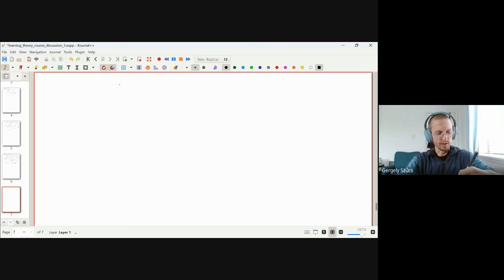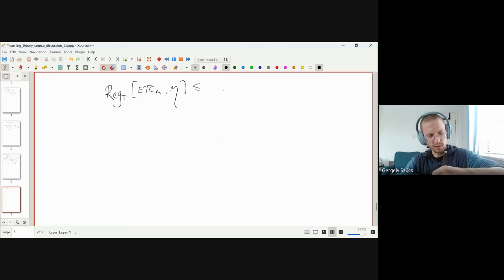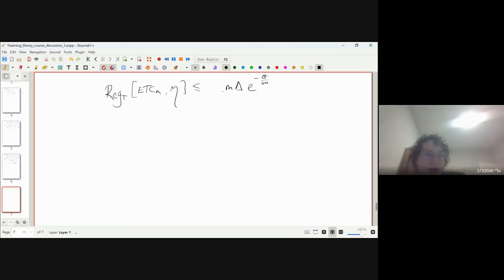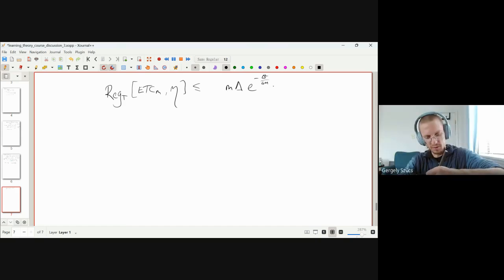I actually don't remember exactly, but we proved the general regret bound for explore-then-commit before choosing m, which was something like less than or equal to m times delta times e to the minus delta squared over 4t. There's no m here. Or maybe it is m, right?